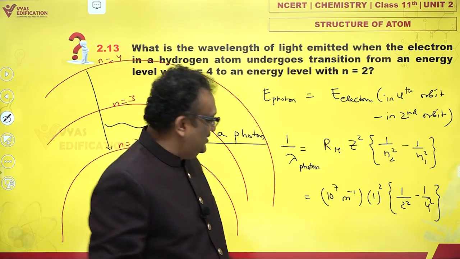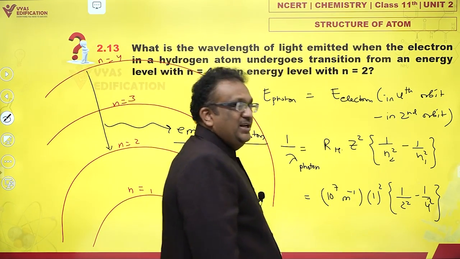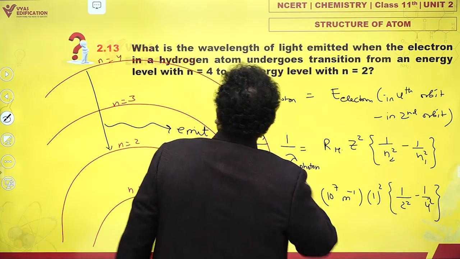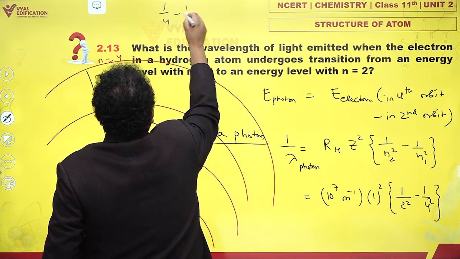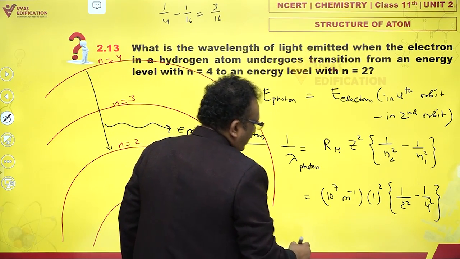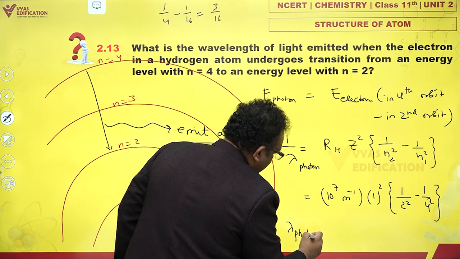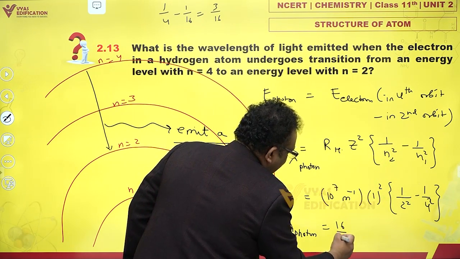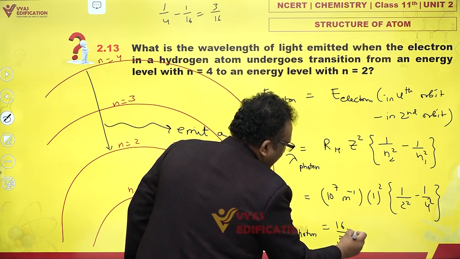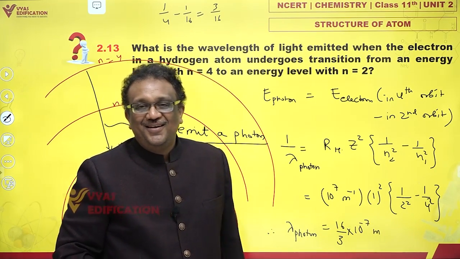Of course I can. 1 by 2 square is 1 by 4, minus 1 by 16, it is simply 3 by 16. So, therefore, lambda photon will be 16 by 3 into 10 raised to minus 7 meters.